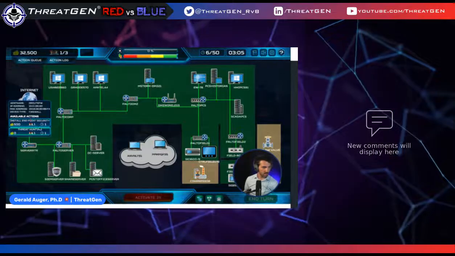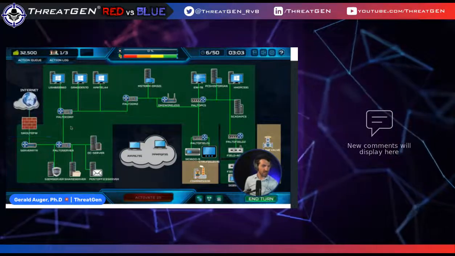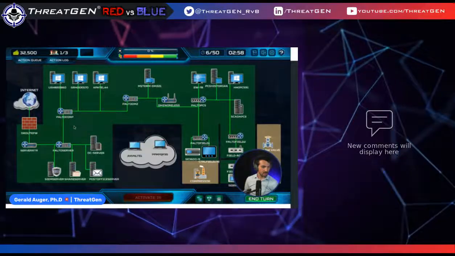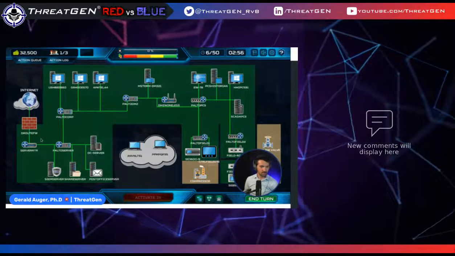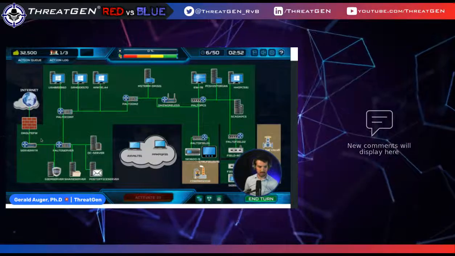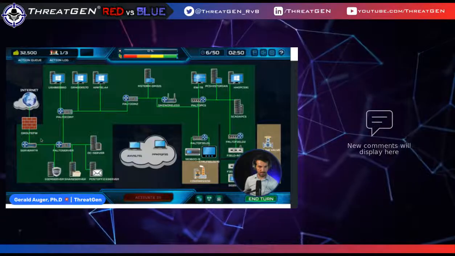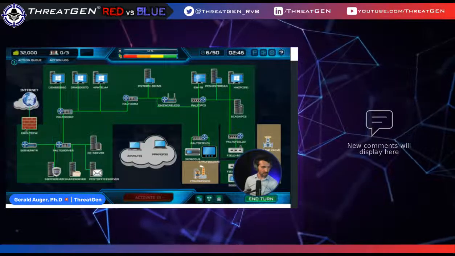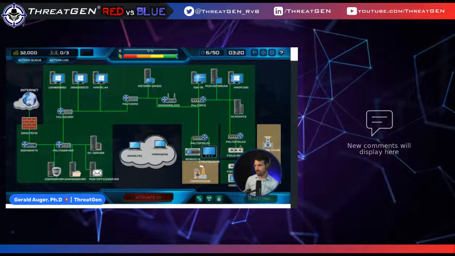We got our firewall. Endpoint security. I don't really think of endpoint security when I think of firewalls. I really do want to bolster the firewall. I feel like that's really where people are going to be hammering.